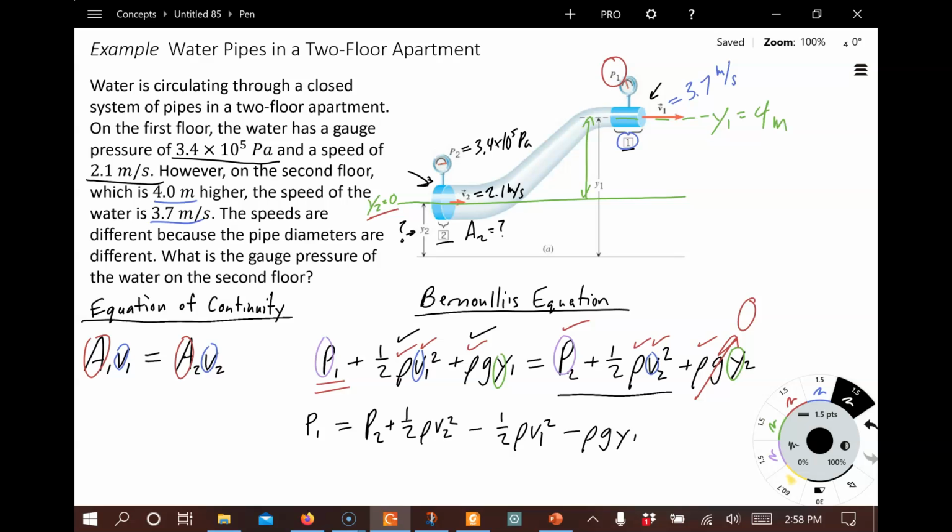And I think here that we do have all the values that we need. We do, so we can plug in and solve for the pressure here.